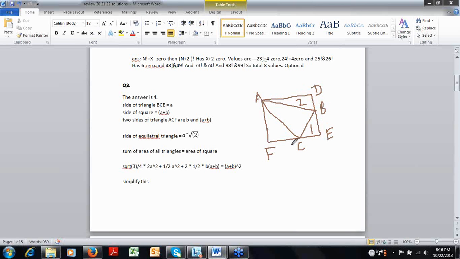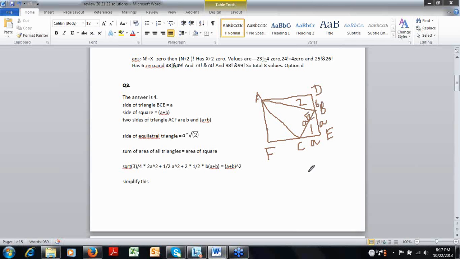Now for BCE, the side of the triangle BCE is a. So this is a, this is a, this is a root 2, and this can be b.